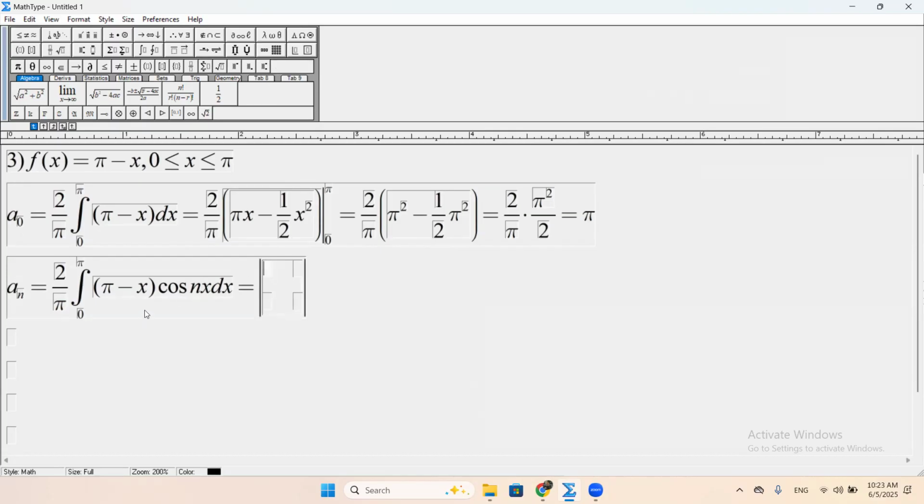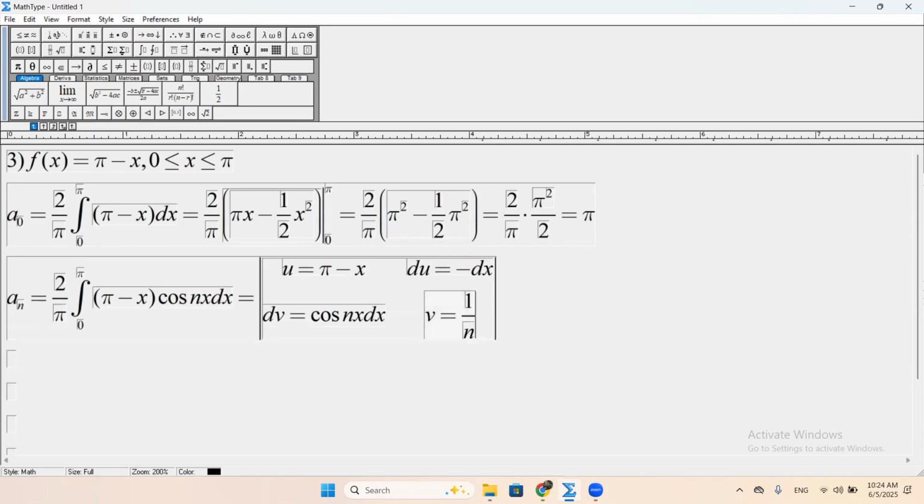So u equals p minus x, du equals minus dx, dv equals cosine of nx dx. Then v equals 1 over n sine of nx.